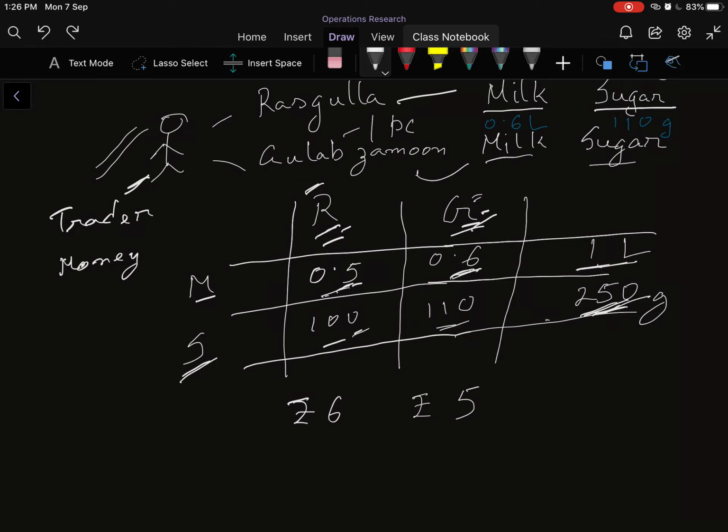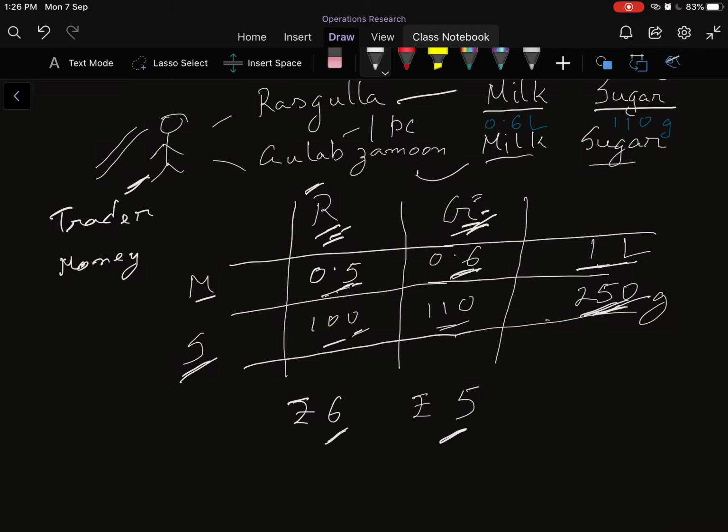Now see, he is capable of producing either rasgulla or gulab jamun, but by selling one rasgulla he makes a profit of 6 rupees, and by selling one gulab jamun he makes a profit of 5 rupees.